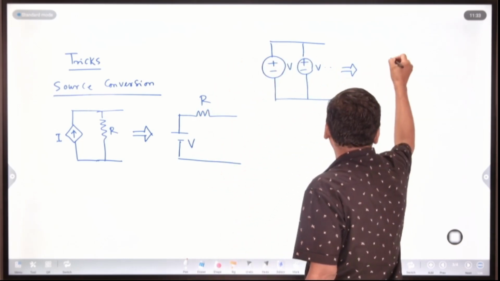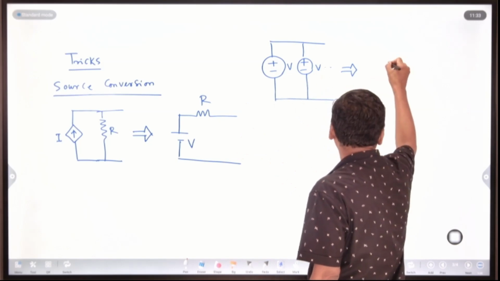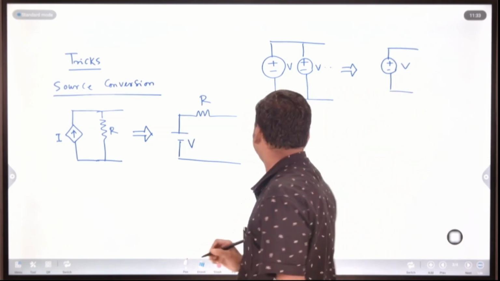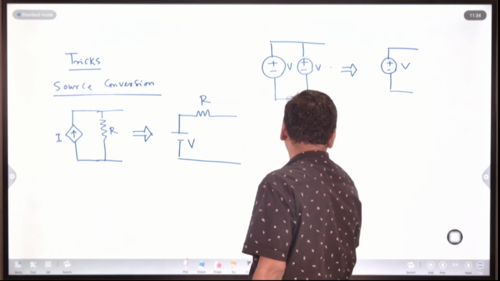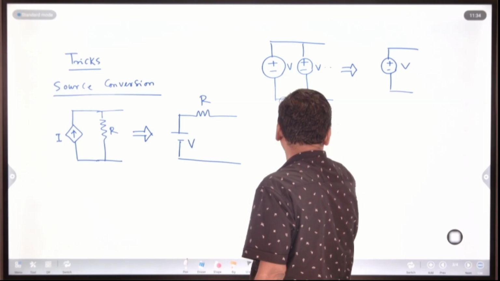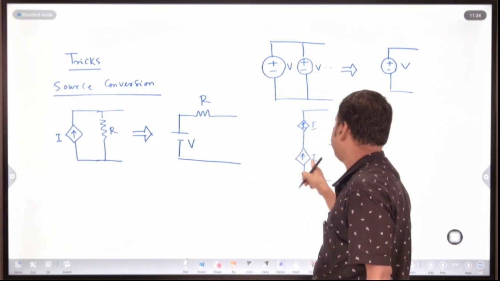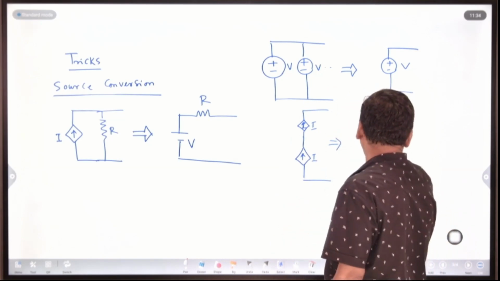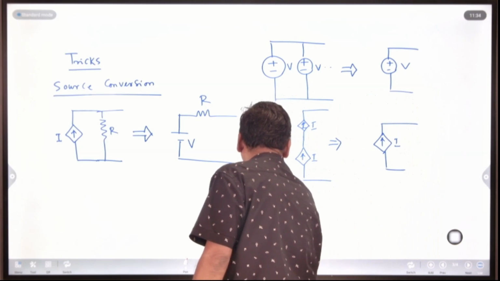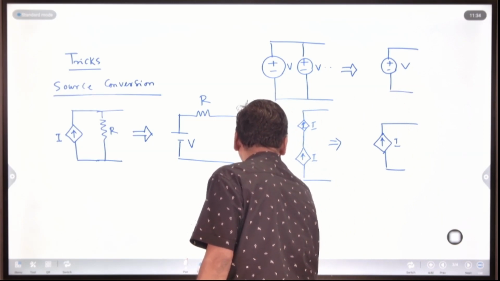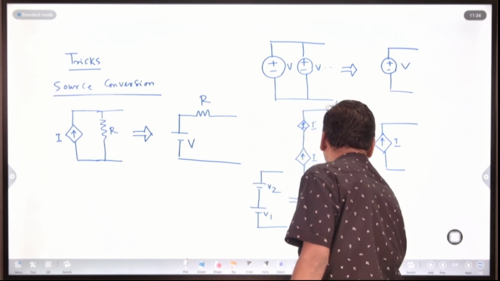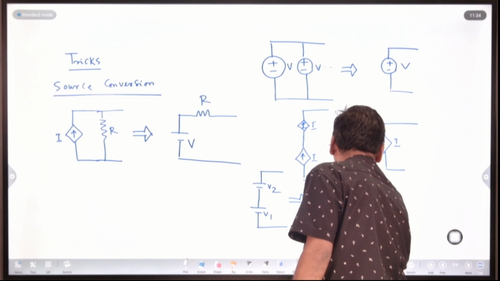If the voltage sources are parallel with the same voltage, instead of considering a number of voltage sources, you consider a single voltage source, the same voltage V. But in case of current sources, suppose there is a current source I in series with another current source I. The current flowing through a series connection is the same, so the equivalent is the same I. If there is a voltage source V1 in series with V2, with minus plus plus, minus plus plus, the equivalent is V1 plus V2.